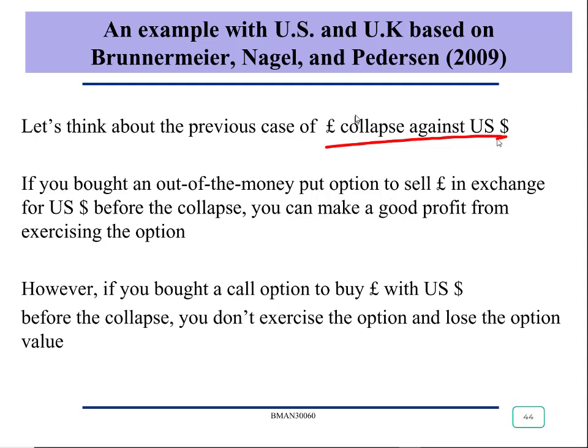Let's say now, in an extreme case, there's no value for the pound. But if you have these put options, you can sell pounds to get certain dollars. However, if you bought call options to buy pounds with US dollars before this collapse, you have no reason to exercise these options and you're going to just lose the option value.